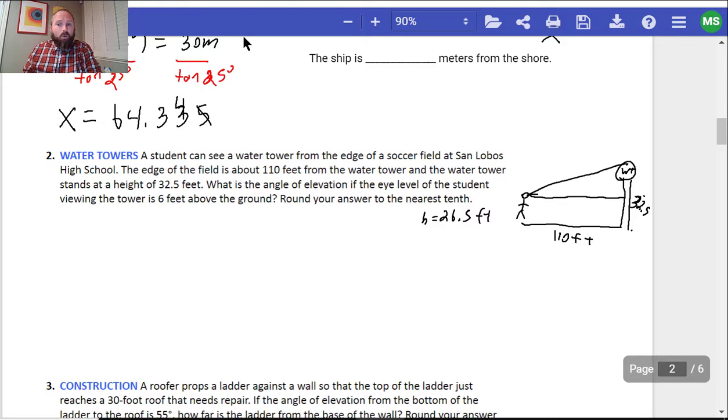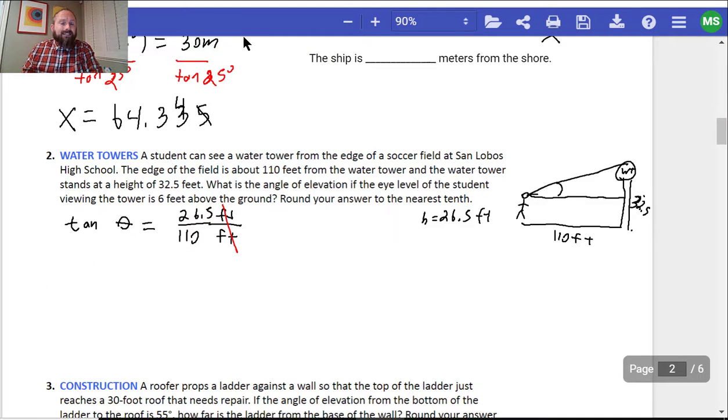So they want to know, what is this elevation? So opposite over adjacent. Looks like it's another tangent problem. So the tangent of an angle is equal to the opposite, 26.5, over the adjacent, 110 feet. So now I can just cancel some things out.